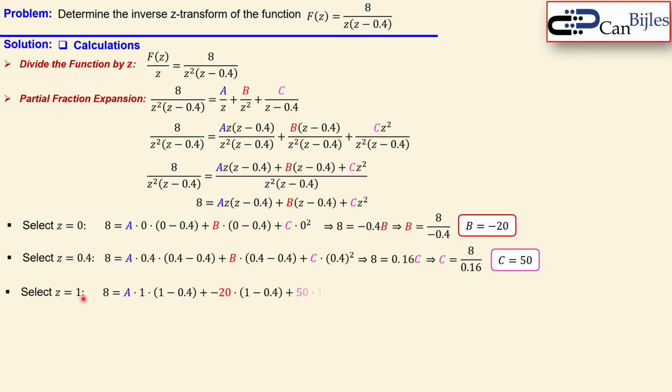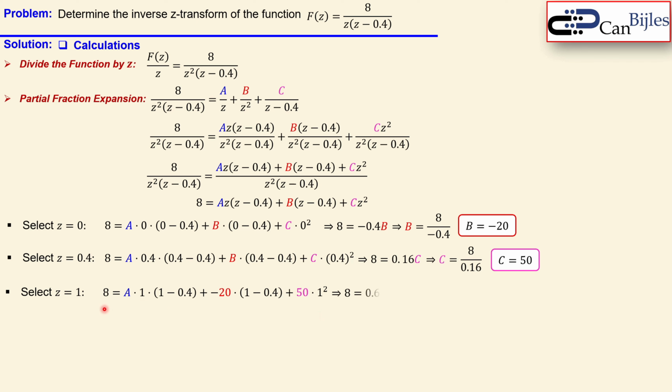Just pick some convenient value for z and also use the values we just determined for b and c. And that's all shown here. Now we can see that we have now the b inserted here, the c, and also we have for z selected 1.